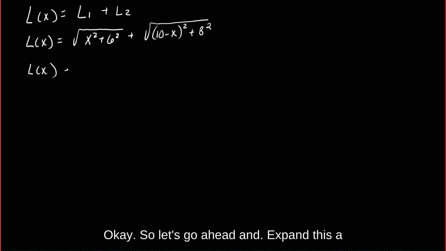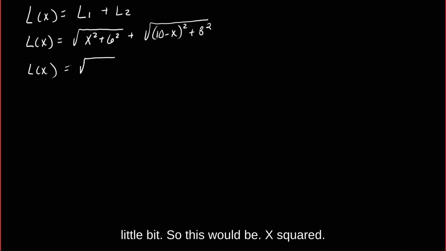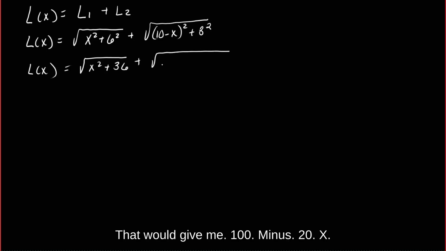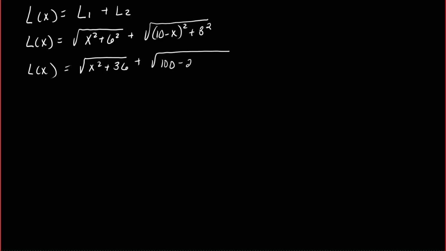Okay, so let's go ahead and expand this a little bit. So this would be x squared plus 36. Okay, if I square 10 minus x, that will give me 100 minus 20x plus x squared plus 64.